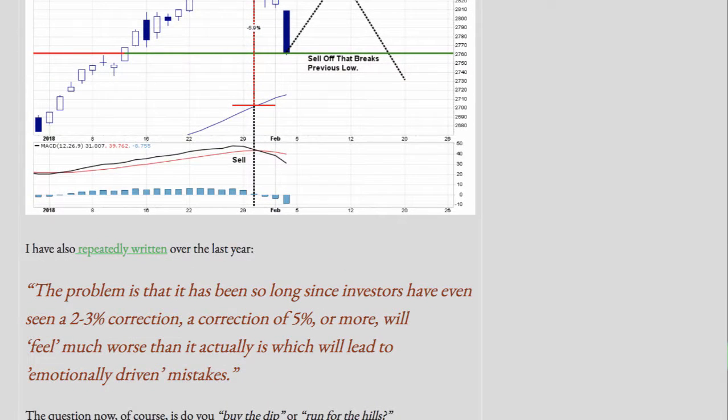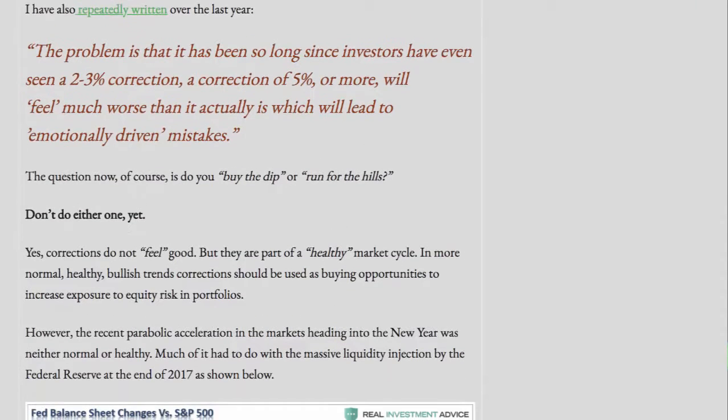I have also repeatedly written over the last year, quote, "The problem is that it has been so long since investors have even seen a 2 to 3% correction. A correction of 5% or more will feel much worse than it actually is, which will lead to emotionally driven mistakes," end quote.